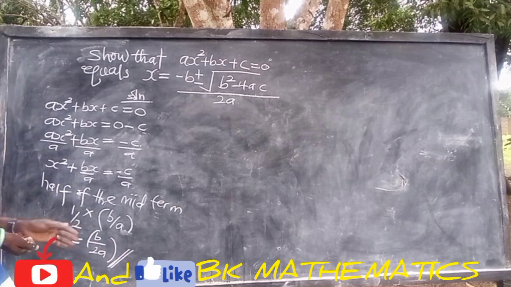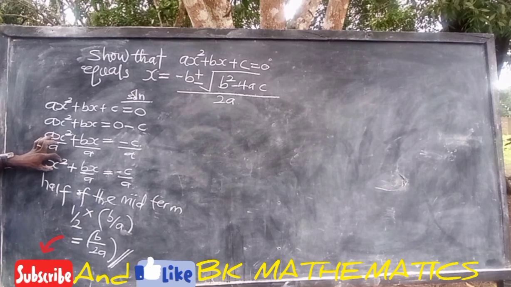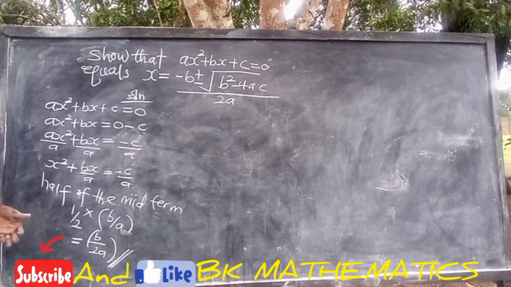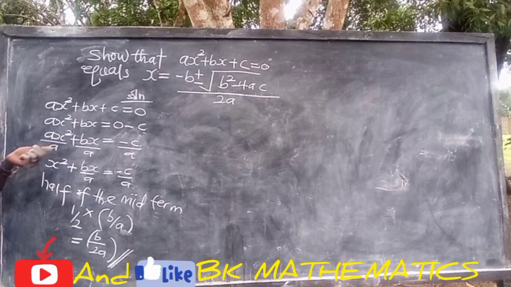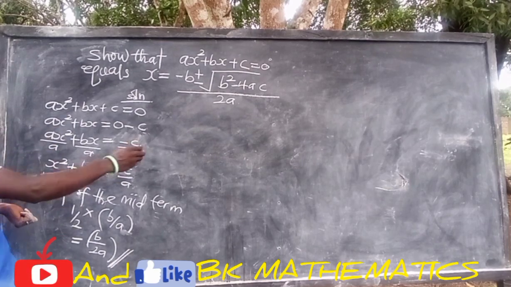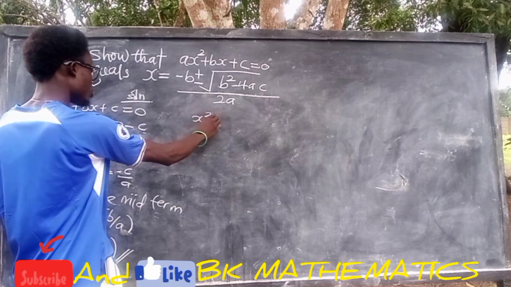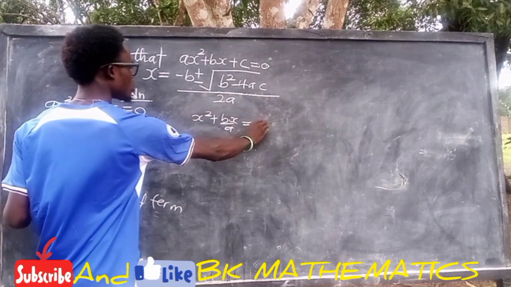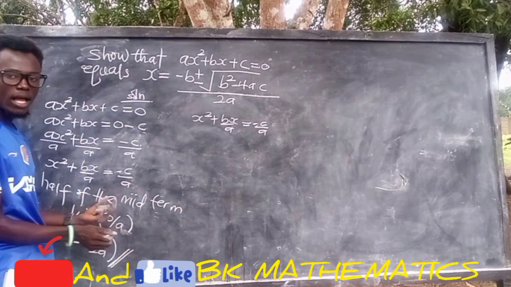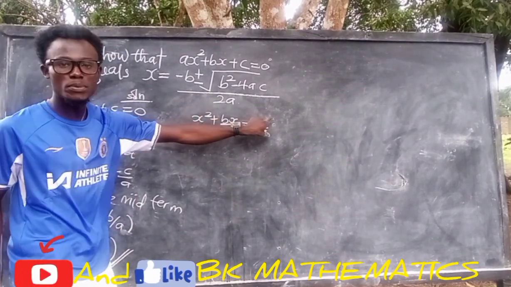Now this answer that we are coming to, we add it to this side and we add it also to this side, after which we square, because we are dealing with the completing the square method. Now since we have x squared plus bx upon a, everything becomes minus c upon a. Since we have this answer, let's add it to this part of the equation and also to this part of the equation.